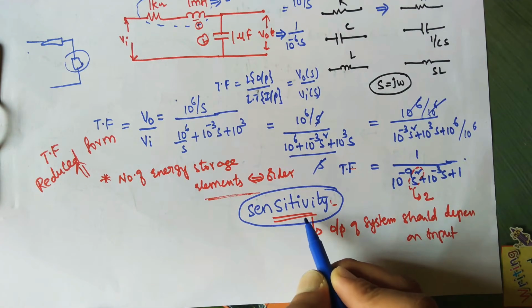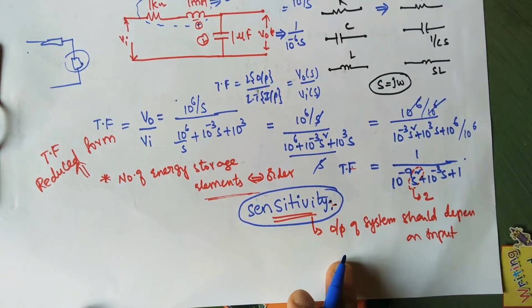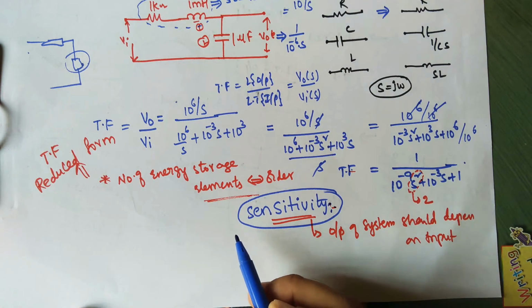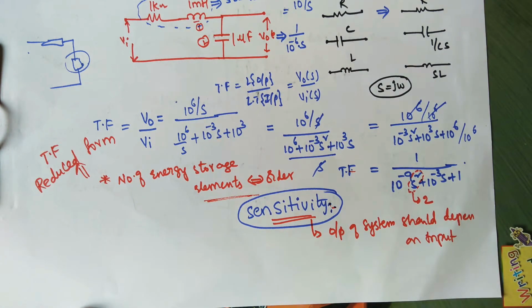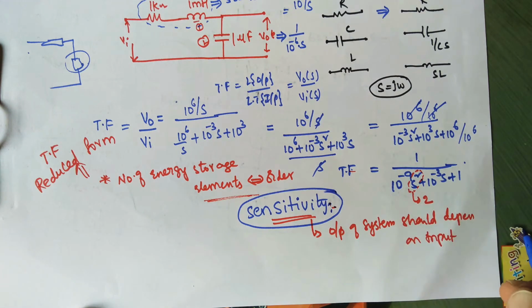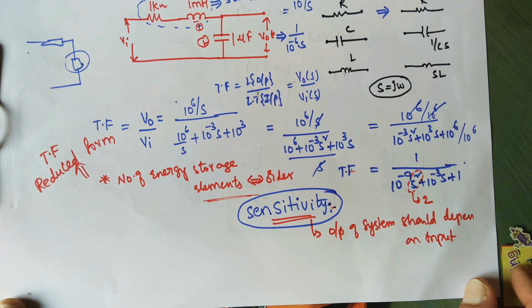So the sensitivity of the system deals with how the output varies if the input changes. If the output varies rapidly, it is not efficient in some cases. Sensitivity is the concept that explains how the output varies due to changes in the input or in the components of the system.